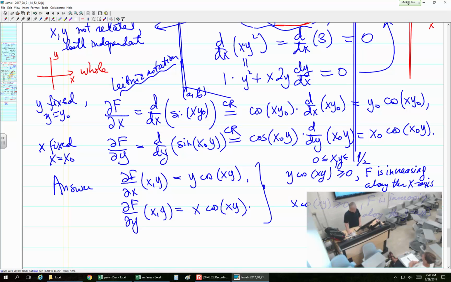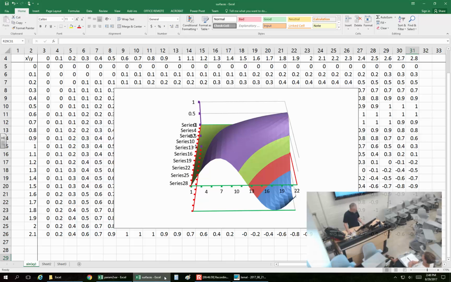This algebra, I want to confirm it. Let's confirm it first by looking at the graph. We're talking about the top, where x and y are fairly small numbers, so it will be the top square over there.